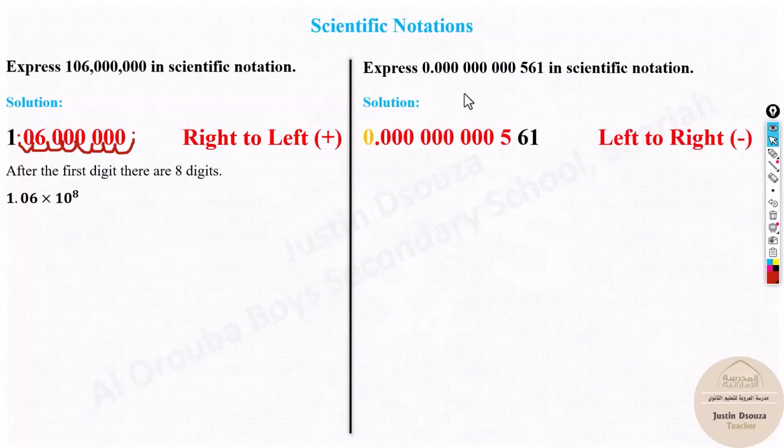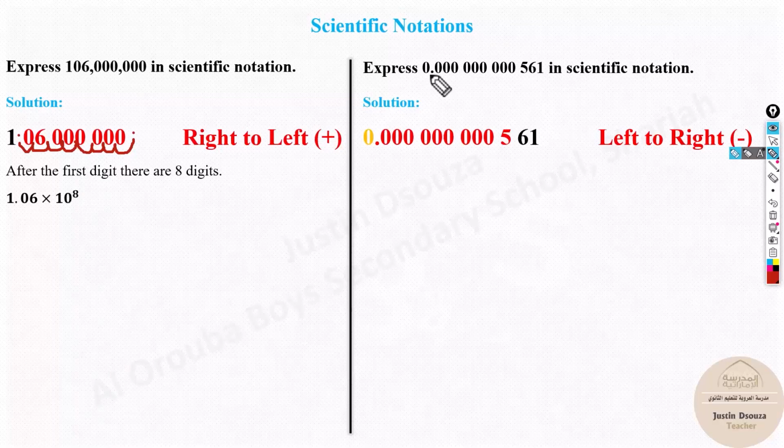Very simple. See, the decimal is over here. So you need to move it to the right because this is your first significant digit, isn't it? So you have to move it from the left side to the right side. Now you must always remember, right to left, I forgot to tell you a while ago, is plus. So this number, when you write 8, is always plus.